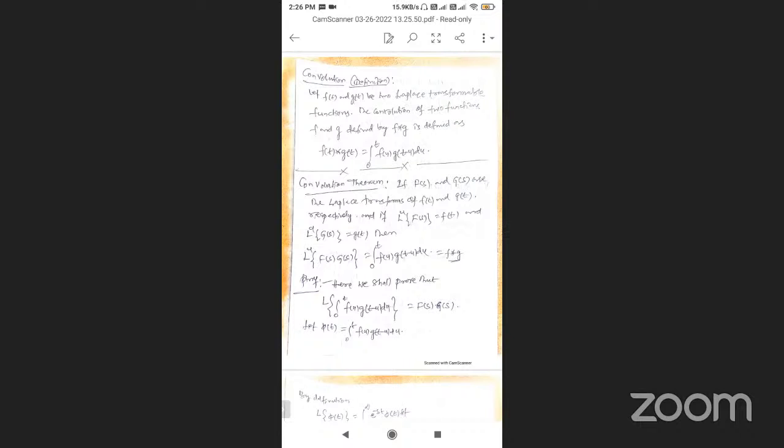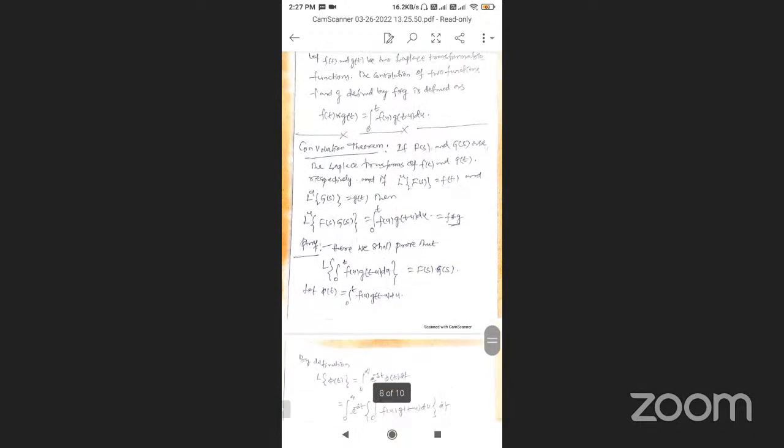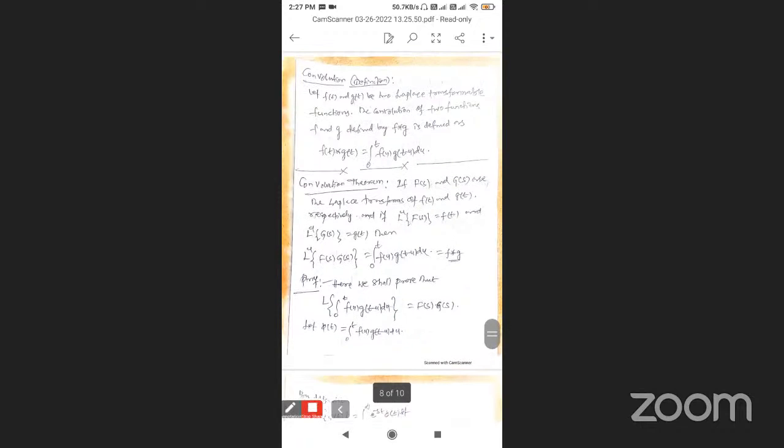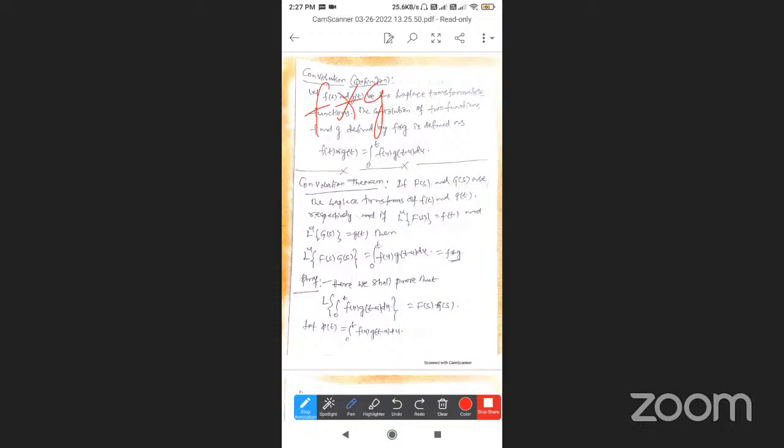Let f of t and g of t be two Laplace transformable functions. The convolution of the two functions f and g is defined by f star g. It is defined as f of t star g of t equals the integral from 0 to t of f of u into g of t minus u du.